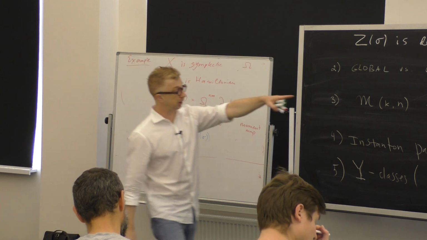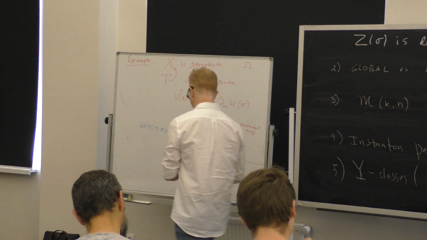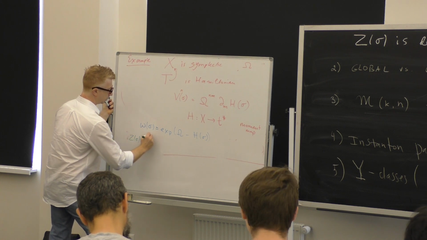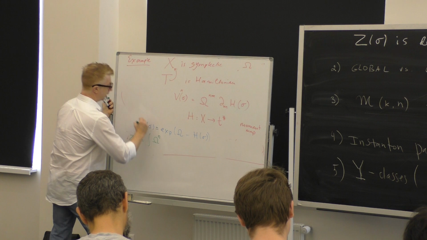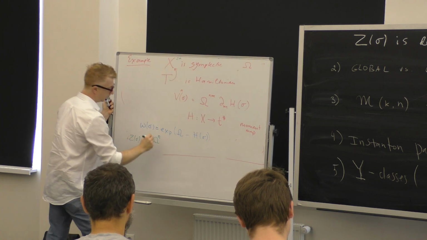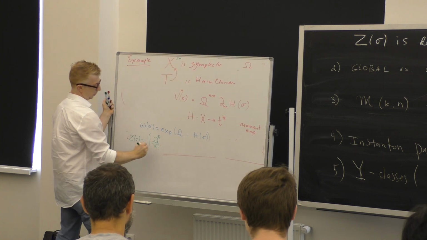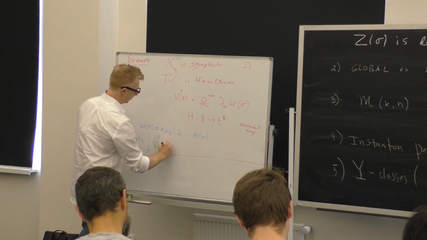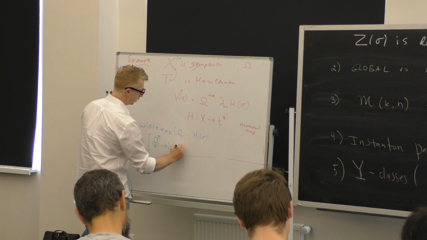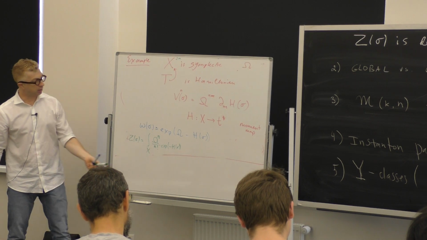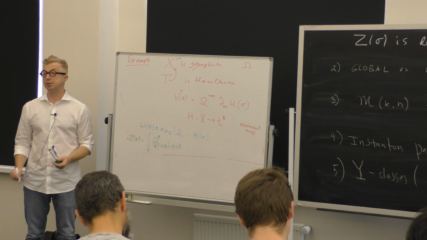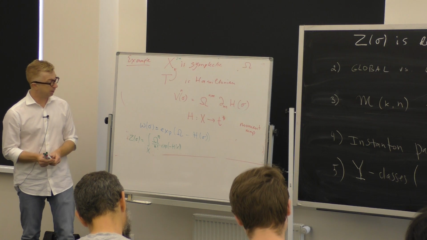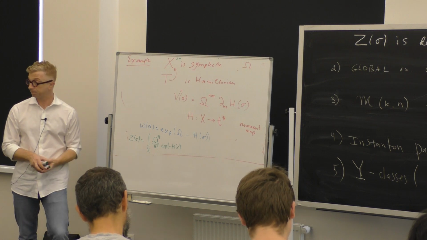And so then application of the formula says that z of sigma is, on the one hand, if the dimension is 2n, omega to the n over n factorial, which is the symplectic volume, multiplied by exponential of minus h of sigma. That's an integral which you would normally consider in statistical mechanics as a partition function of a statistical mechanical system for which X is a phase space.